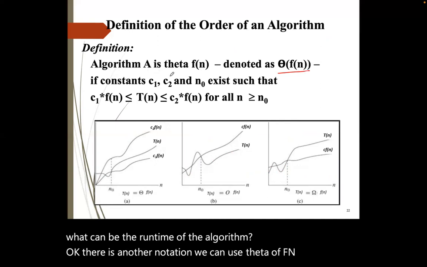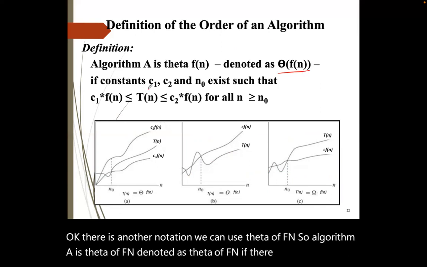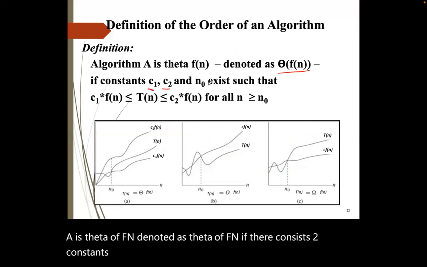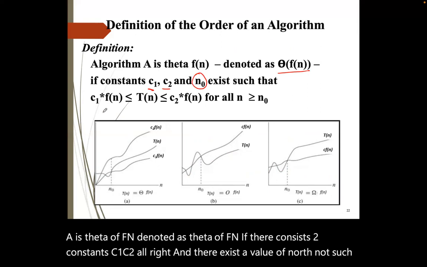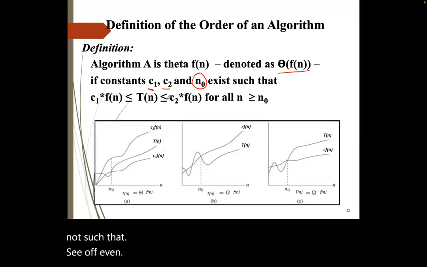So algorithm A is theta of f(n), if there exist two constants c1, c2, and there exists a value of n naught such that c1 f(n) is less than or equal to T(n) less than or equal to c2 f(n).